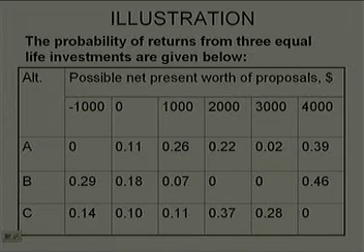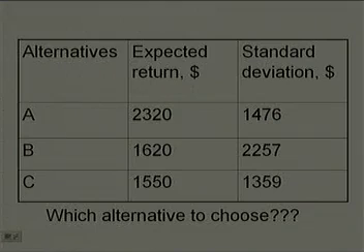So, I hope you will be able to calculate the expected value as well as the variance corresponding to each of these 3 alternatives. Can you do it, technology class? Yes. Very good. What I have done, I have already calculated the expected return as well as the standard deviation for you for all the 3 alternatives. Now, you please cross check it, and if there is any error, please tell me.